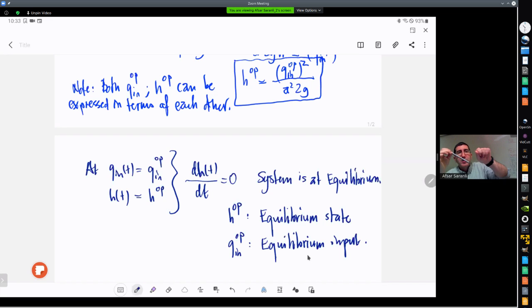So you can play around with a constant input so that the system will stabilize around a certain angle. So the equilibrium input is how much voltage you give the motor, and the equilibrium state is the resulting angle.